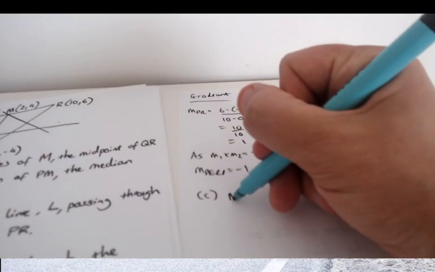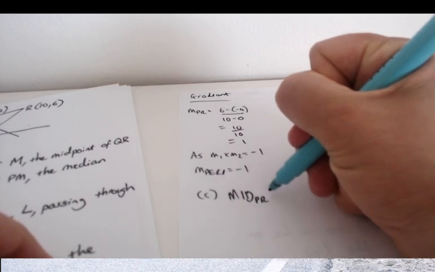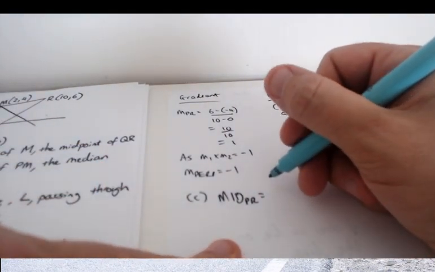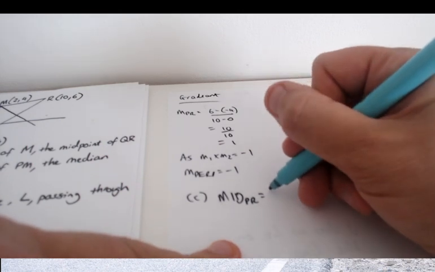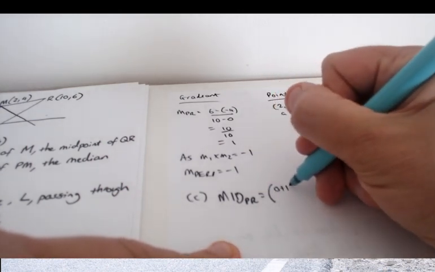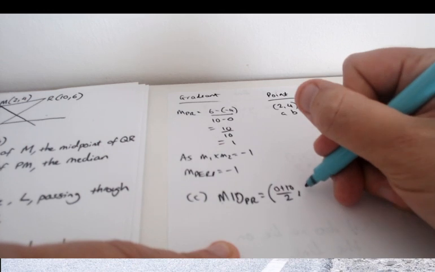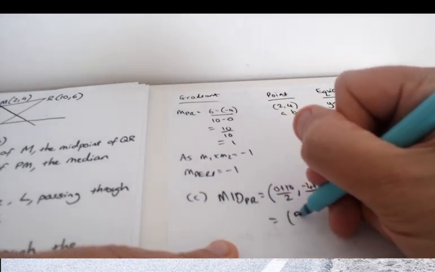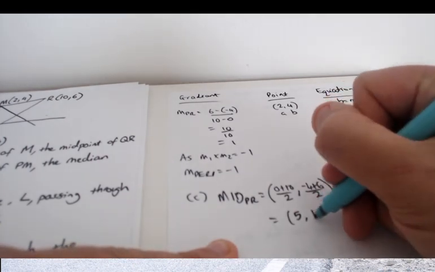So midpoint of PR, add together the x coordinates and half, add together the y coordinates and half. So 0 add 10 halved, minus 4 add 6 halved, that will give me 10 over 2 which is 5, and 2 over 2 which is 1.